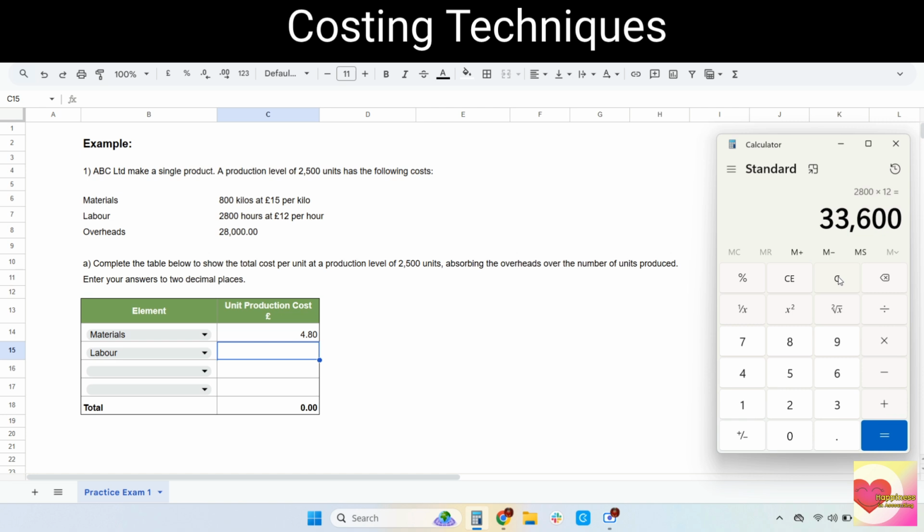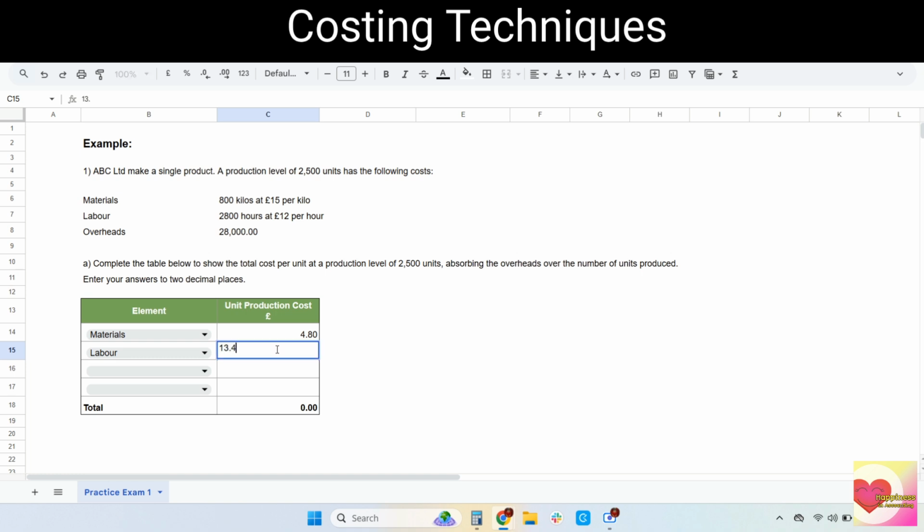And we got 33,600. So this is the total cost of labor. Then let's divide it by the number of units, which is 2,500, and we got 13.44. So this is our unit production cost.